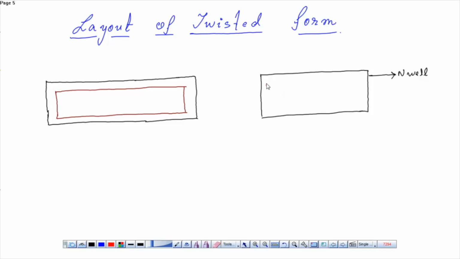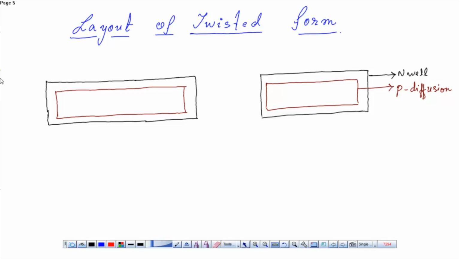Now similarly the P diffusion layer for the inverter. Okay, now this is our PMOS.